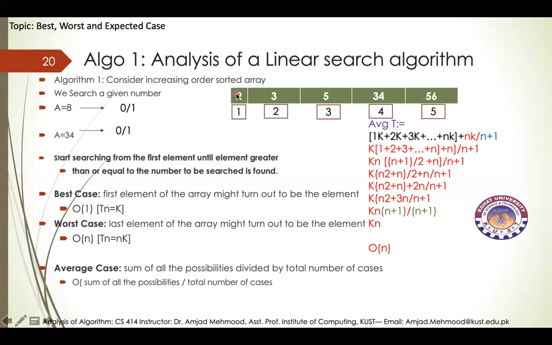For example, if this is the list or vector that Algo 1 has, and A1, the user, asks whether it has the value 8, it starts comparing with each value.